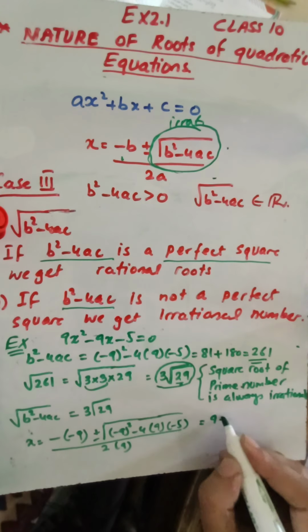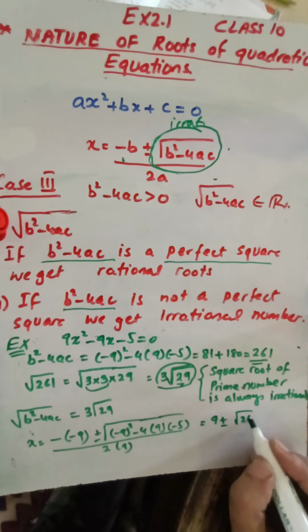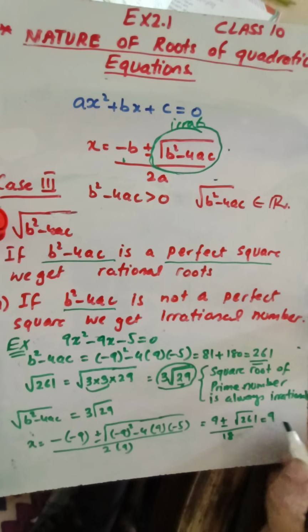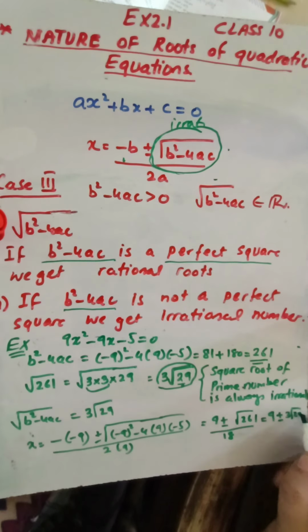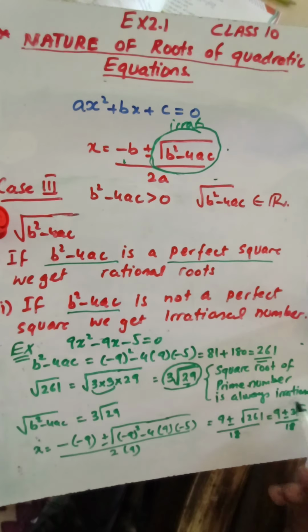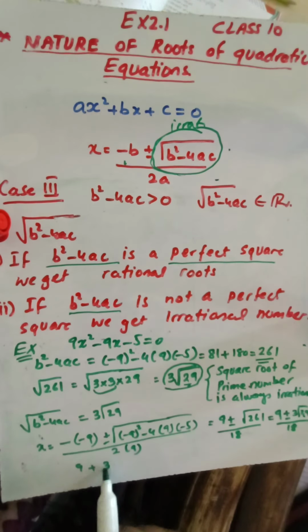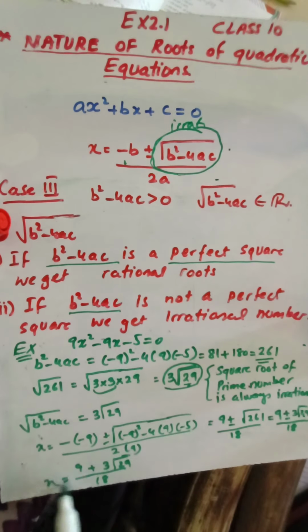Now this will be positive 9 plus minus, we know that this thing will be under root 261 over 18, which will be 9 plus minus 3 under root 29 over 18. So as you may see over here, we got an irrational number because of the square root of this prime number. So it means that both the roots are going to be irrational.